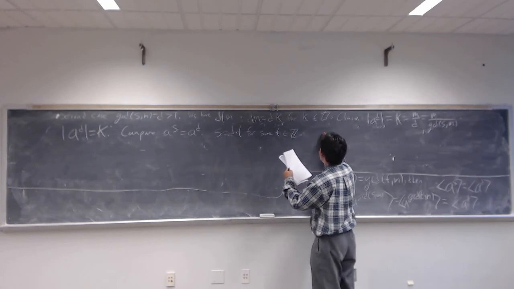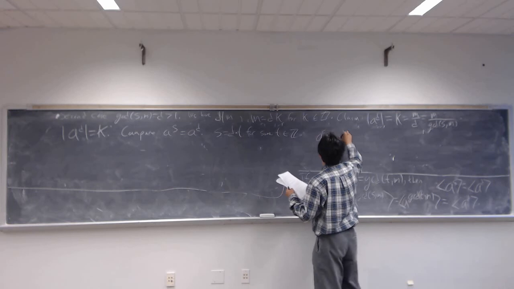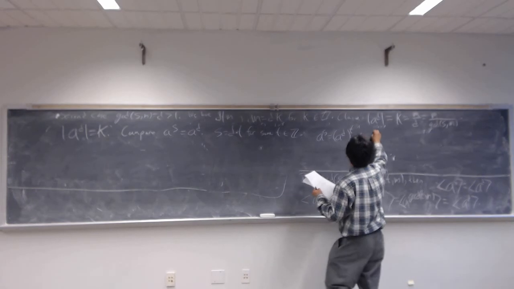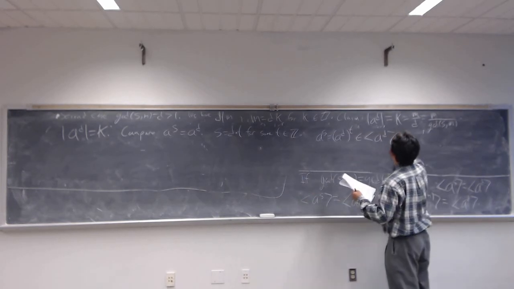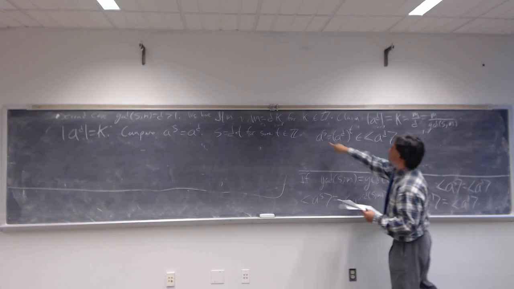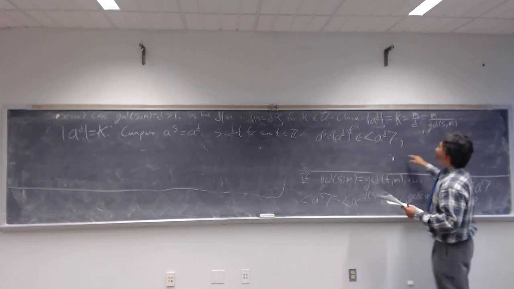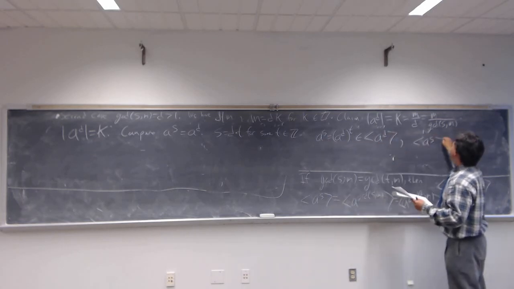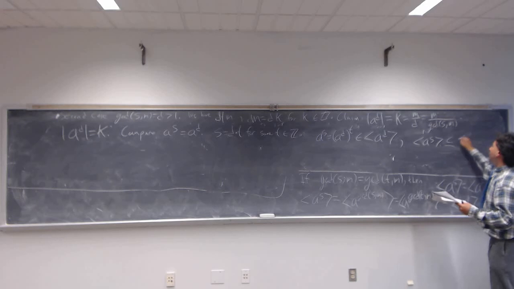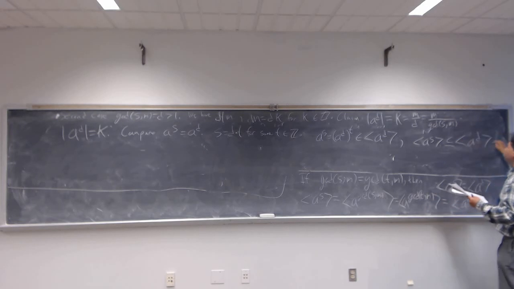So that means a to the s is a to the d raised to the t, which is an element of the cyclic subgroup generated by a to the d. So a to the s is inside this subgroup. So the smallest subgroup that contains a to the s also has to be inside that subgroup.